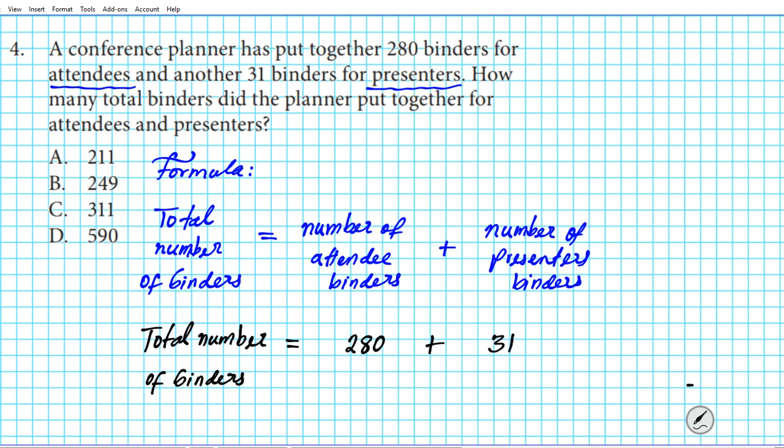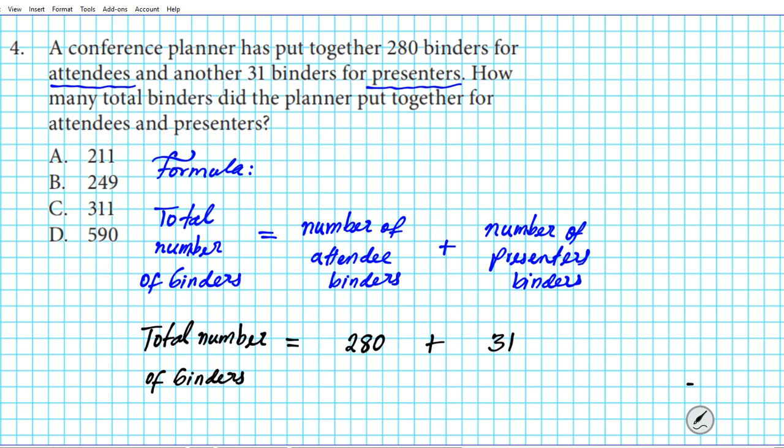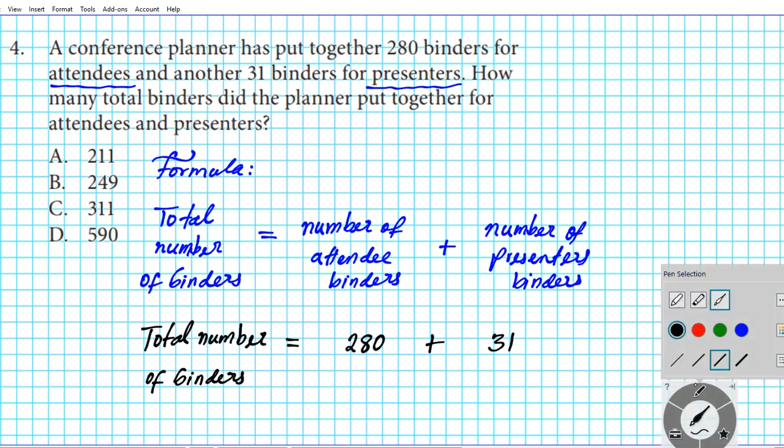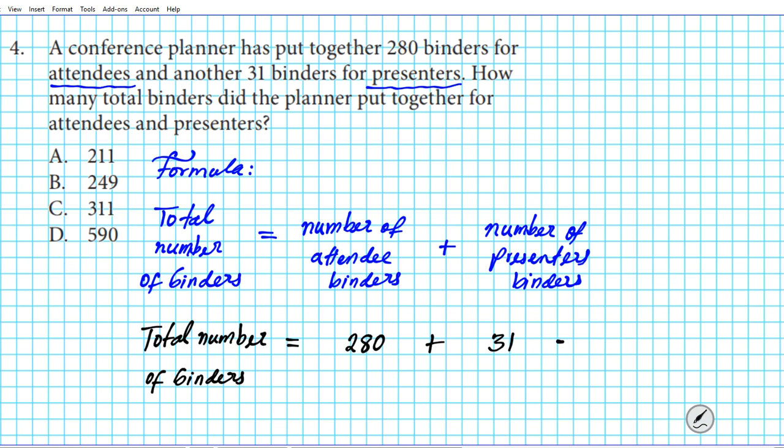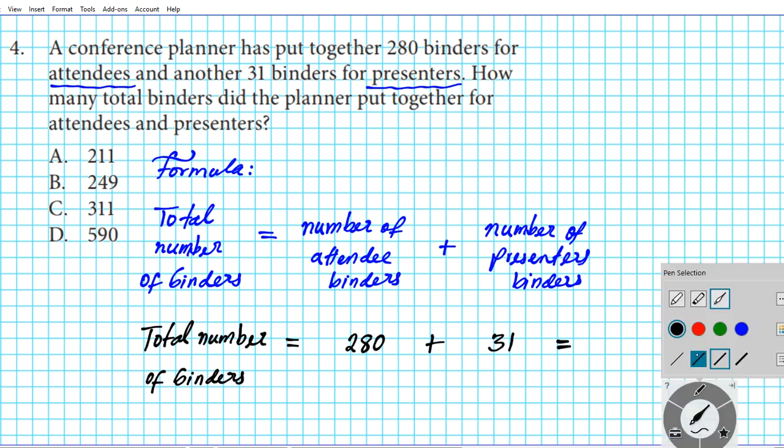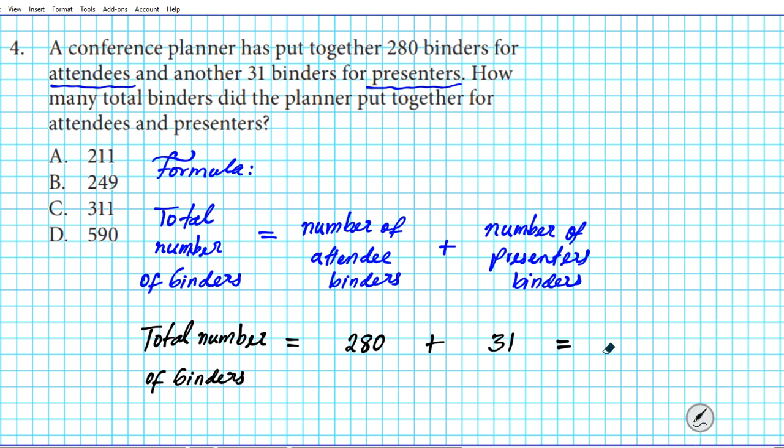Okay, so when you're adding numbers, you want to orient it vertically. Okay, paying close attention to the place values so that you do not make any errors when you're combining digits. You don't want to combine a number in the tens place from one with a digit in the hundreds place in the other number.